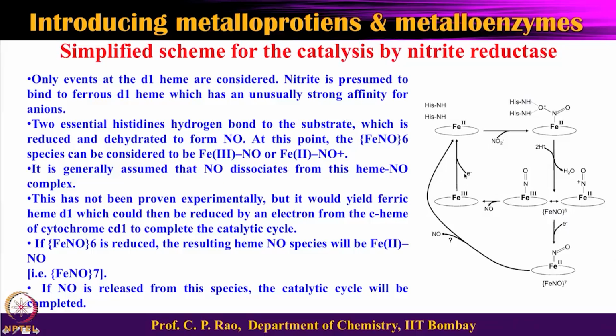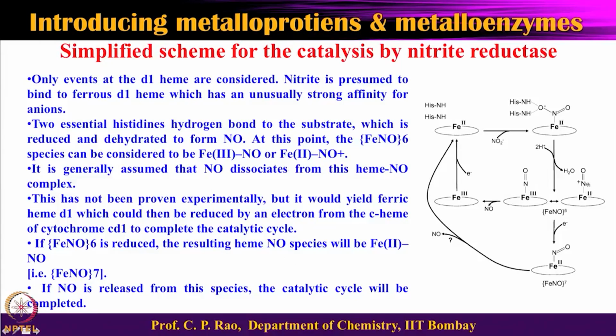That electron transfer can come from the cytochrome C part of it, and then can go to the iron 2. So, at this stage the species is referred to as the FeNO, which is called FeNO6, which could be either in this form or in this form. If it is in this form, the dissociation has to occur, and the dissociation process has not been proven, but the reduction of this is required.